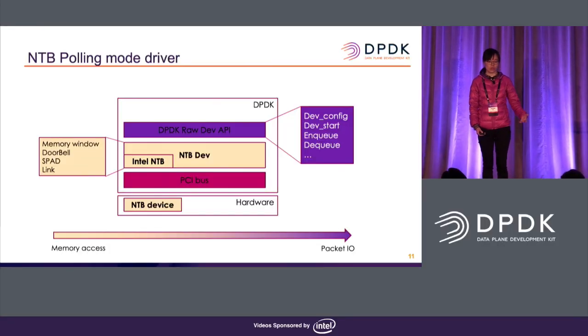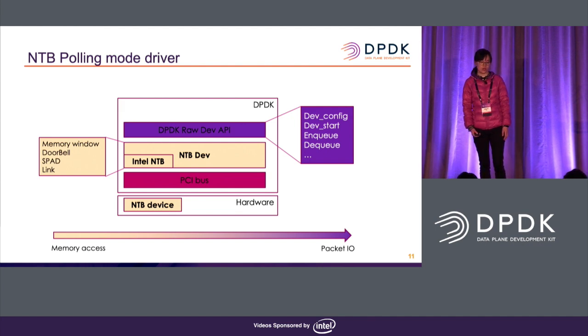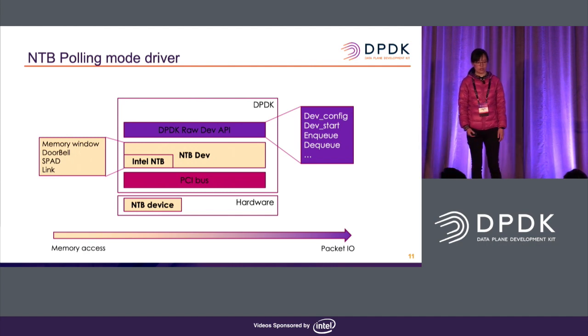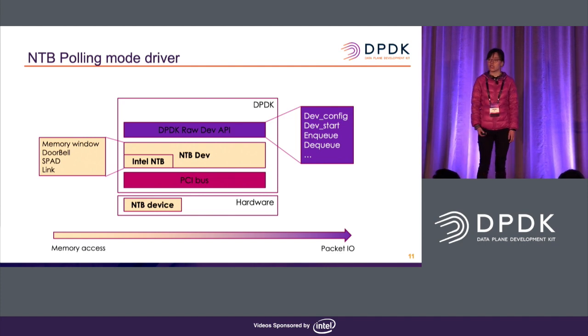So now I'm going to talk about how we enable this device in DPDK with our software. Let's have a look at this picture. As we know, DPDK has a kind of device called a raw device. It is an abstract framework to support multiple kinds of devices, avoiding changes to libraries or the EAL.